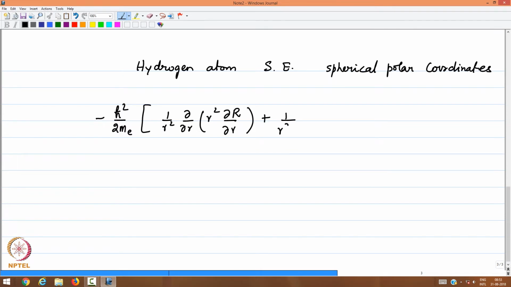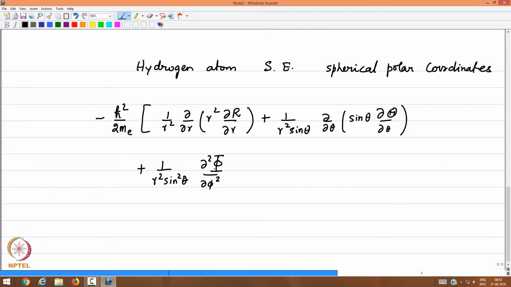Then you had 1 over r square sin theta dou by dou theta of sin theta dou Theta by dou theta. This is a function of the polar angle, and then we had the last term 1 over r square sin square theta dou square Phi by dou phi square. This is the azimuthal angle, which is the other angular coordinate in the spherical system.